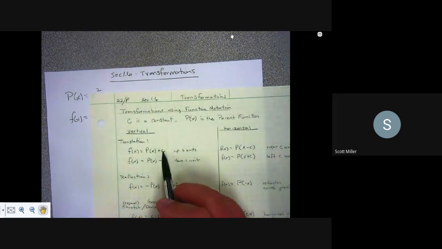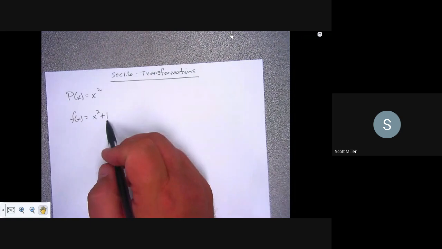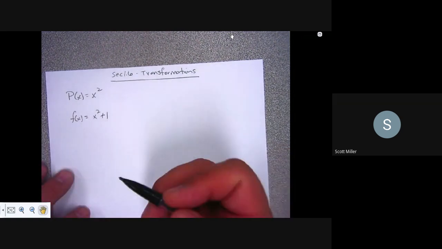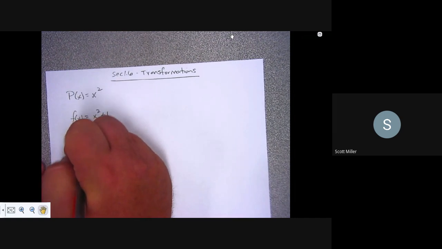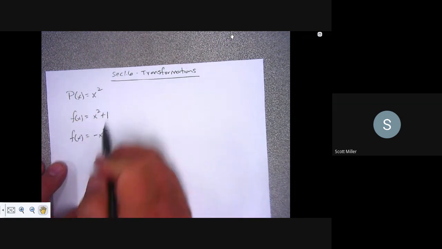Since I'm adding a constant outside, I would go up that many units, so this represents up 1 unit. And likewise for the other one, the reflection would look like this, negative x squared, where the negative is in front of the parent function.